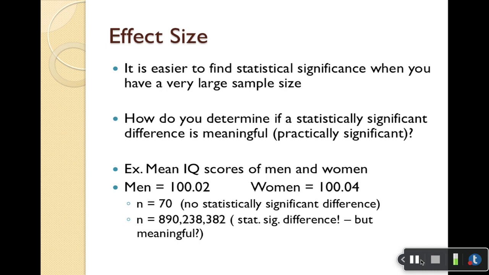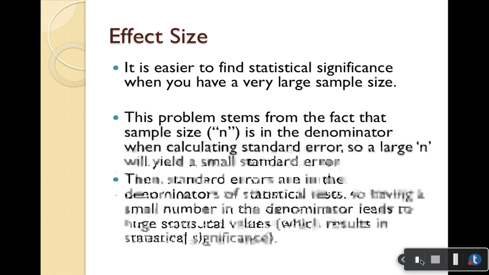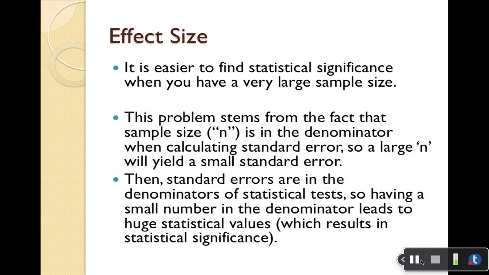Some statisticians will actually call this the sledgehammer effect. So people who work in big data, like data analytics at Amazon or big companies or marketing data, they're looking at just huge data sets with tons of consumer information, and they're able to find these statistically significant differences, but odds are they're not really meaningful or have any particular use.